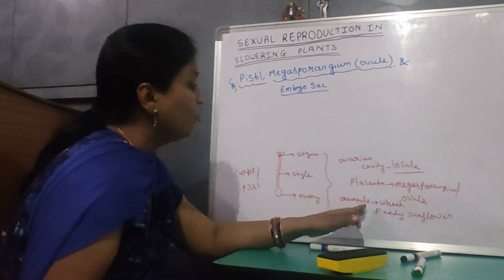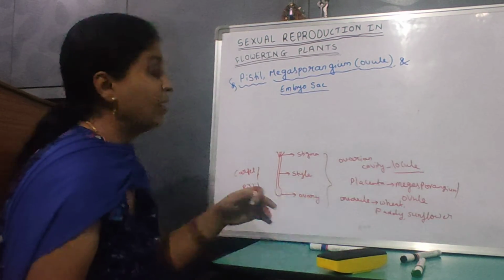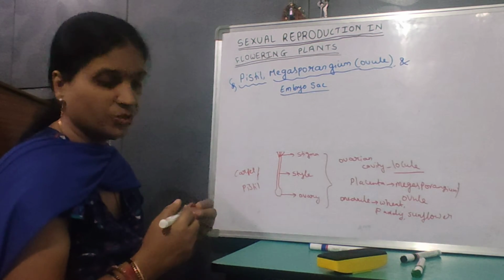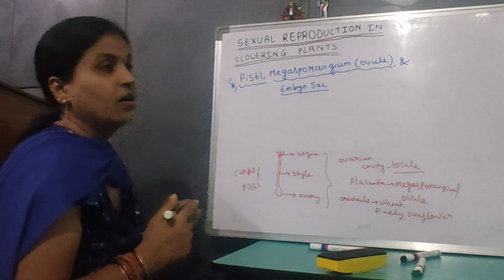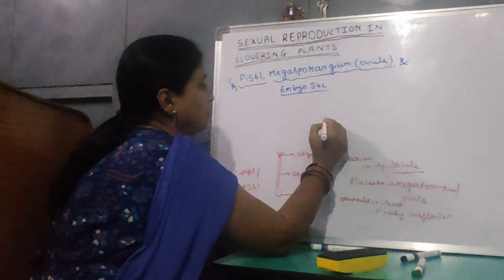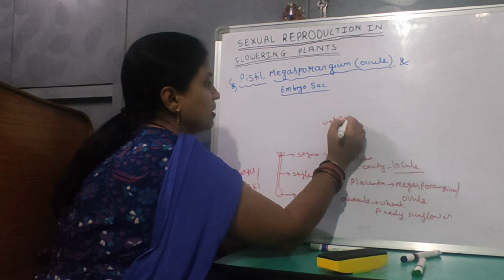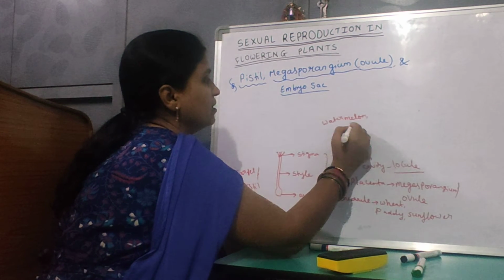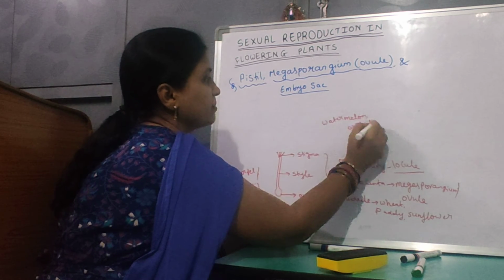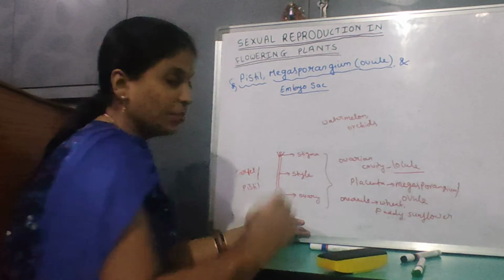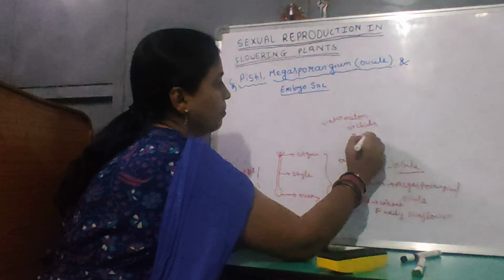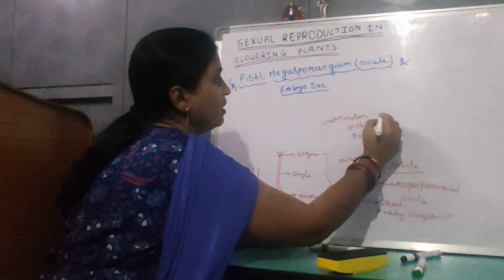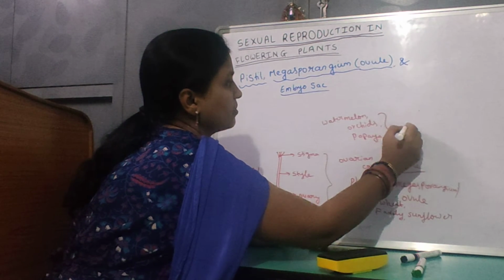Many ovules are present in many angiospermic plants, like watermelon, orchids and papaya.